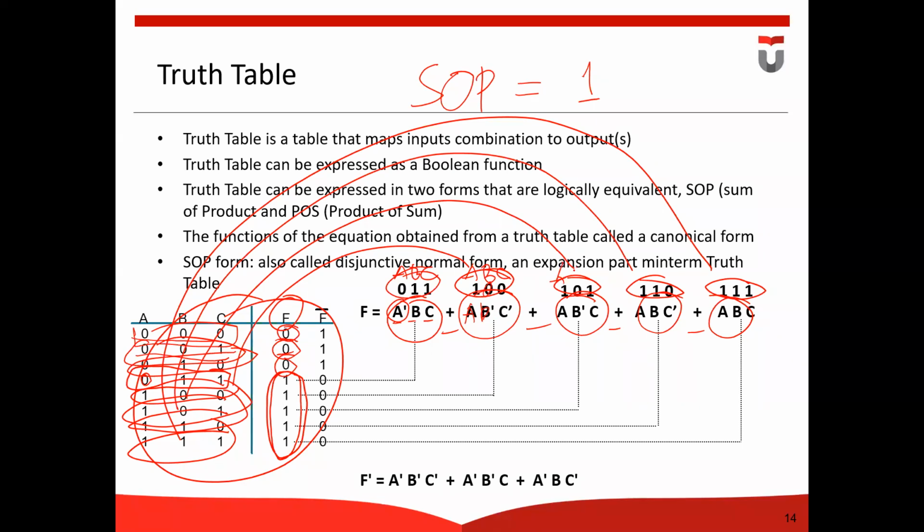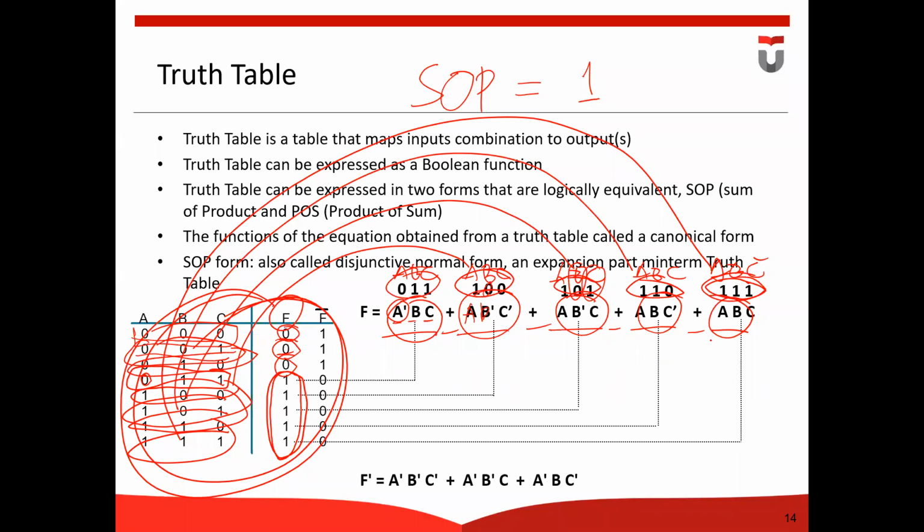And this is also A, B not, C. And this is A, B, C not. And this is A, B, C. And all of them are 1, so A, B, C. There's no not there. So SOP is A not B C plus A B not C not plus A B not C plus A B C not plus A B C.